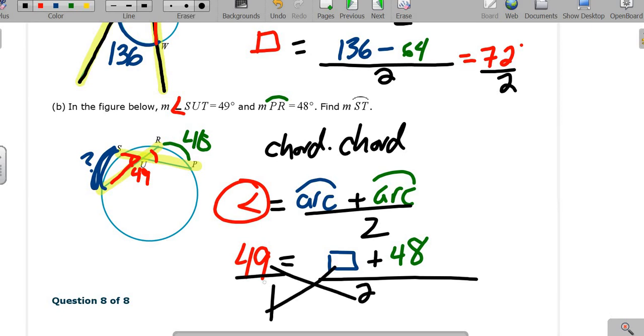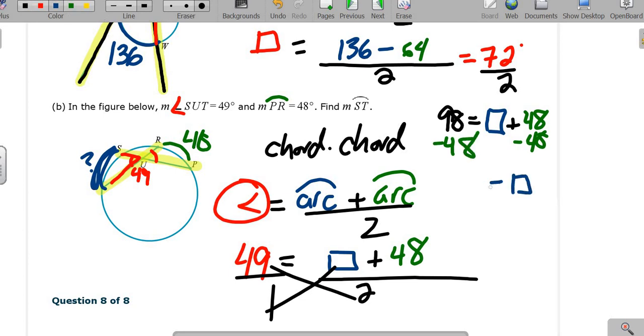Cross multiply. That's 98 equals unknown arc plus 48. Minus 48 both sides. And we get our unknown arc is 50.